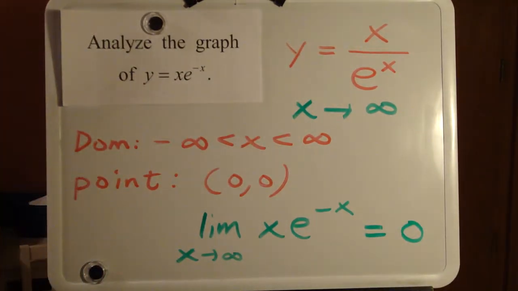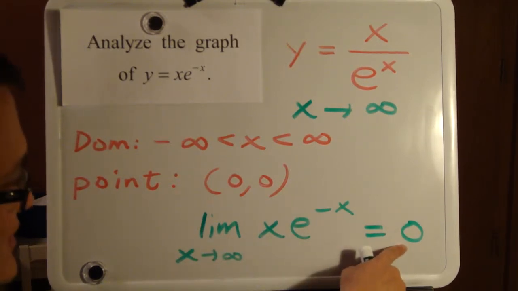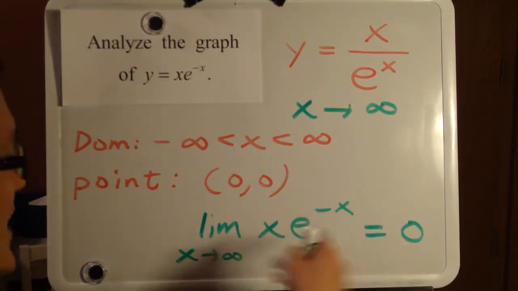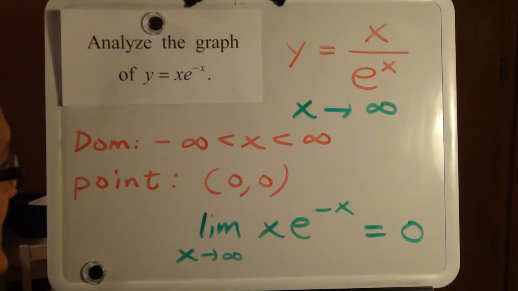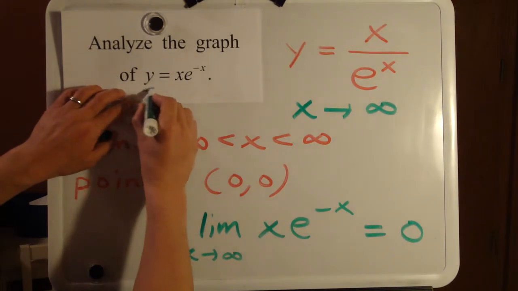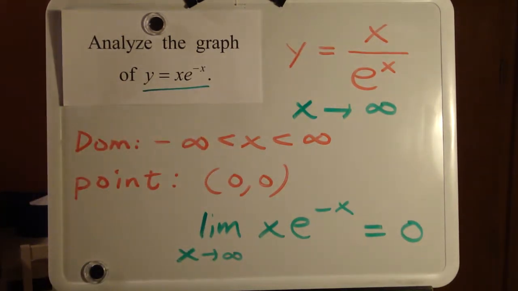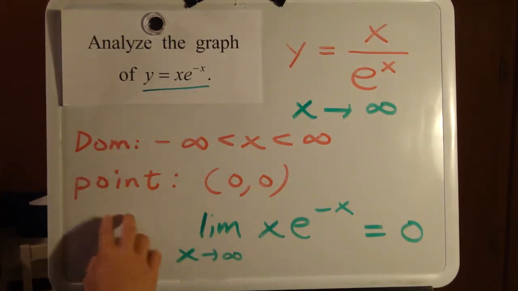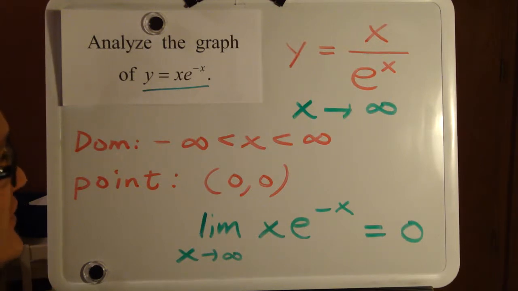And so that's telling us that this function, as x goes off to the right, is going to get closer and closer to the x-axis because the y values here are shrinking. So the information that we write down here is based entirely on this function. You just look for important characteristics, and we just have some random information about the function.